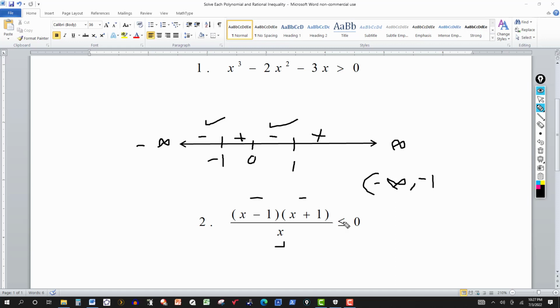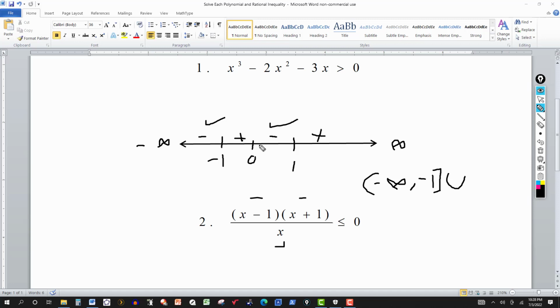And notice this one has a less than or equal. So we want the values that make it negative, or equal to 0, I should say. So in this case, we want brackets on this one. Okay, -infinity to -1, and because we want it also to be less than or equal to 0, the numerator can be 0 at -1, and then this will be a union.